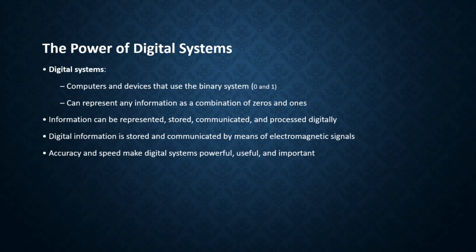Whatever data you are entering or accessing from the computer, internally that will be stored in the form of zeros and ones. You have to access that information in a way convenient for your purposes.